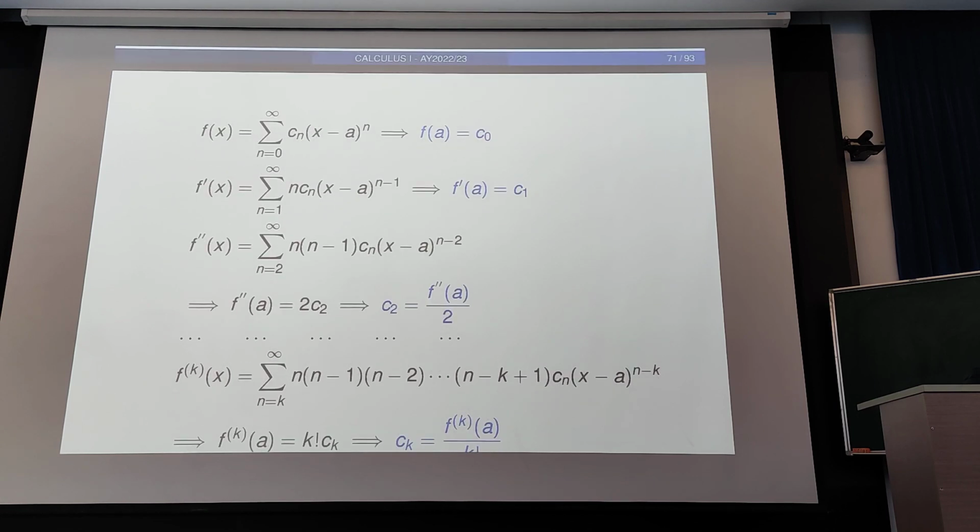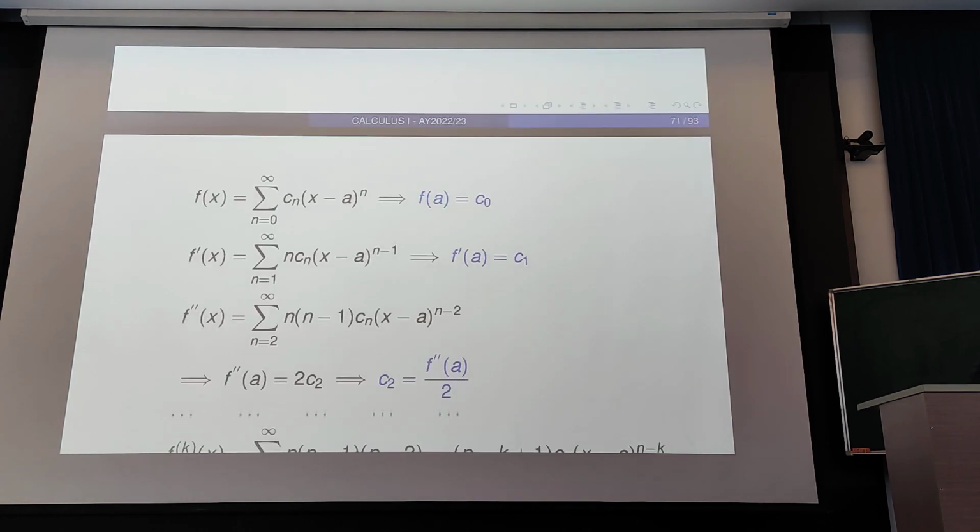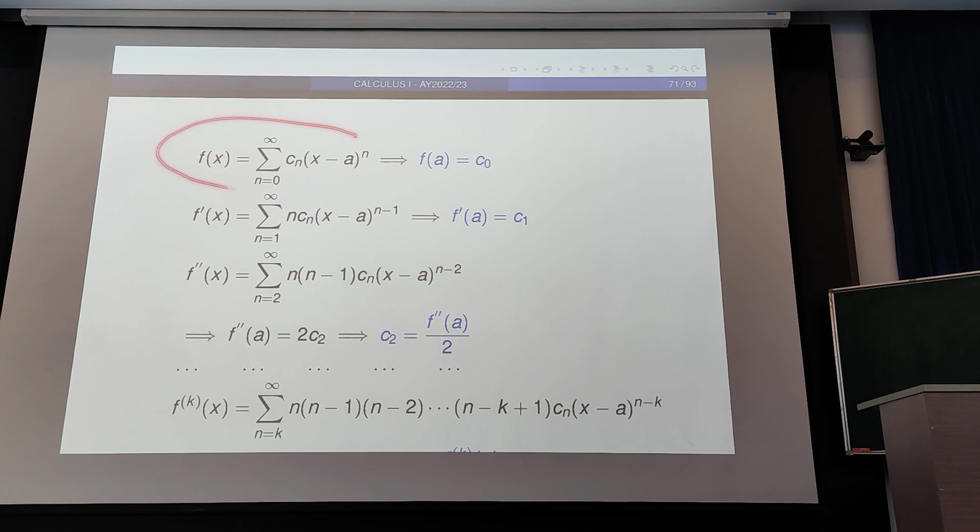Also, we will now see how to get the formula of the coefficient. From the assumption, we know that we have this identity, right? Because the function f has a power series representation, we have this equality. We just substitute x = a into this identity, and you see that except the zero-order term, all elements are equal to 0, right?